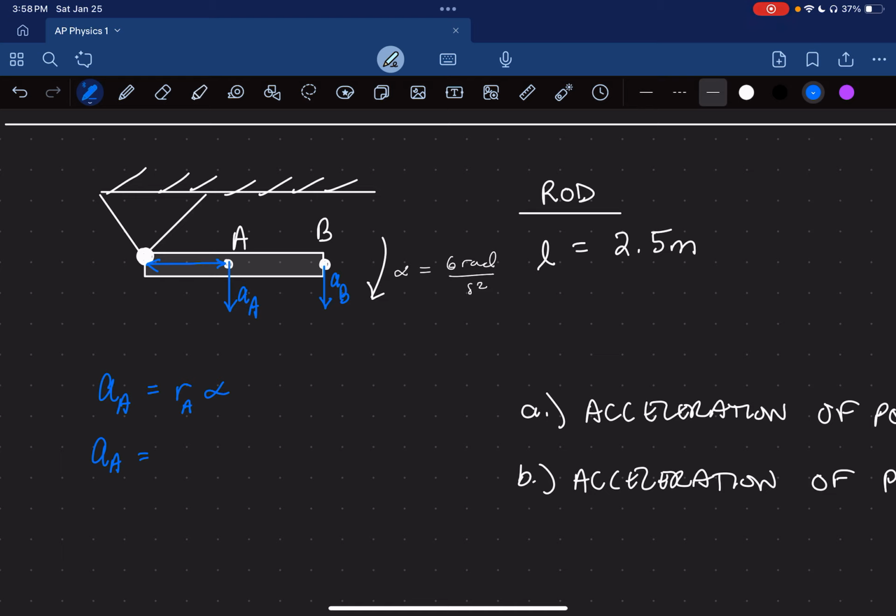Well, you can do that in your head, but for a moment here, let's say RA is half the length of the rod, so that's L over 2 times alpha. And now let's substitute some numbers. That's 2.5 over 2 times 6. So I get tangential acceleration of point A to be 7.5 meters per second squared.